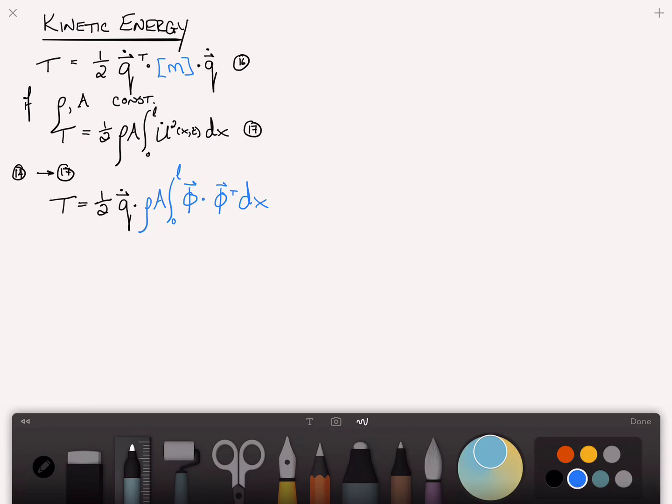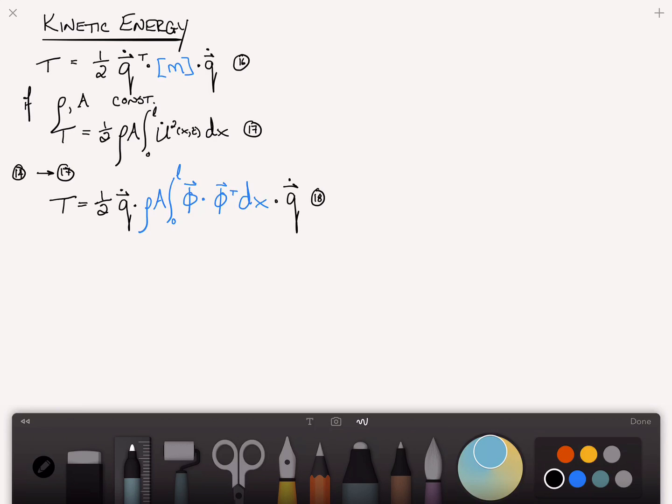The phis are obviously functions of x, and the q's are functions of time only. And I've done that so when you compare equations 18 and 16, you see that the blue parts are the same. So those must be equal.